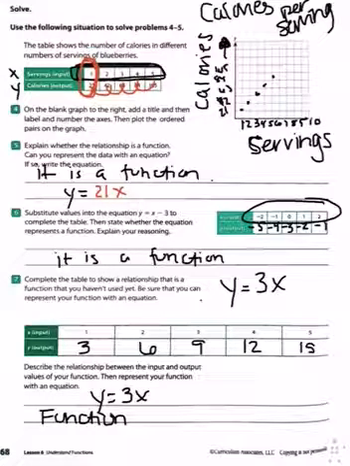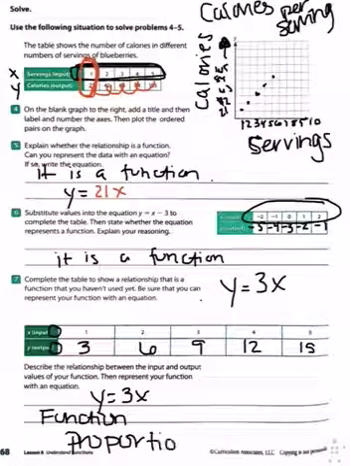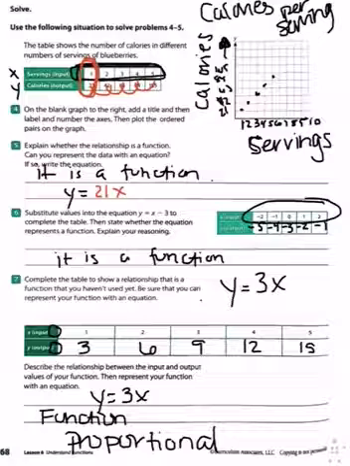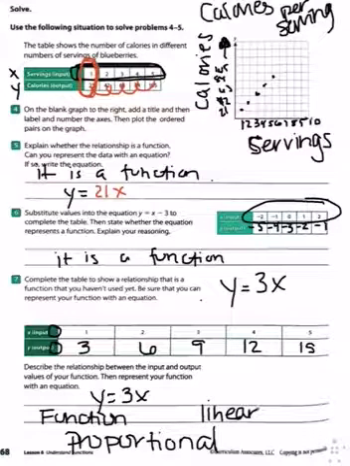So if I went backwards, it would be at 0. And if I multiplied 0 times 3, that would get me 0. So it would be proportional. We could also say that because they're going up the same amount each time, it would be linear. It is a linear function. And that is the last problem you had tonight for homework.